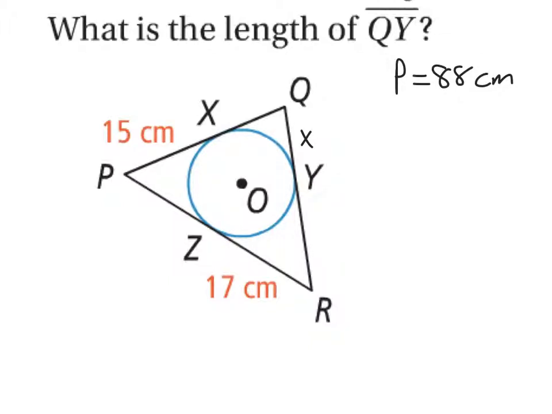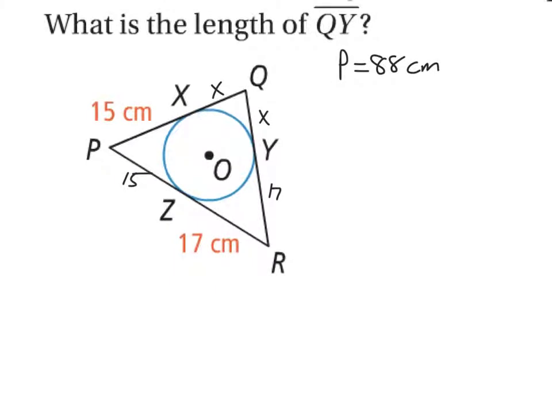If QY is x, what's the length of QX? Also x, because those two segments have to be congruent. They're tangent segments that meet at the same point outside the circle. What's the length of PZ? 15. What's the length of YR? 17.